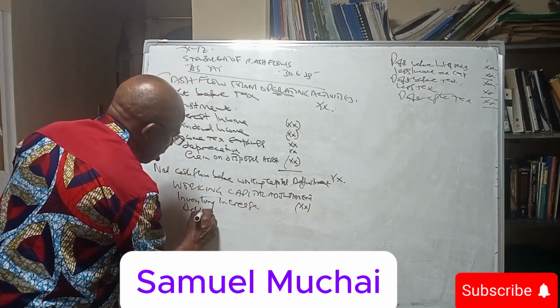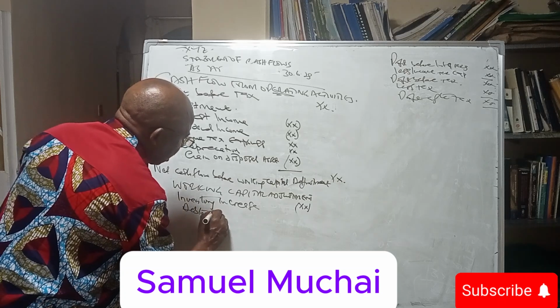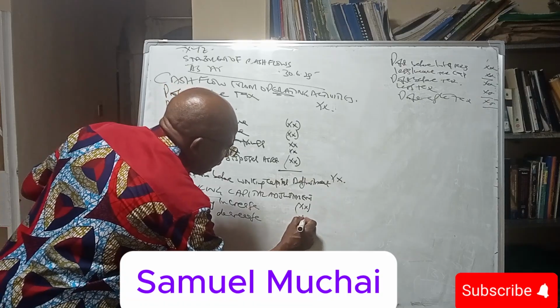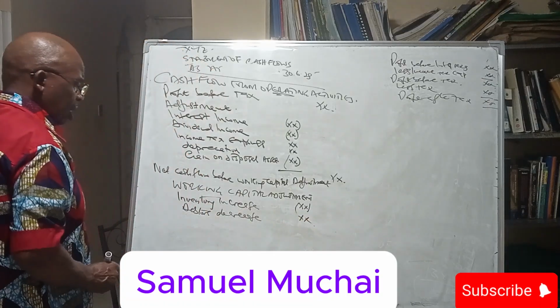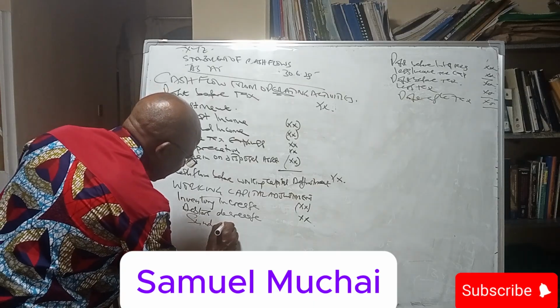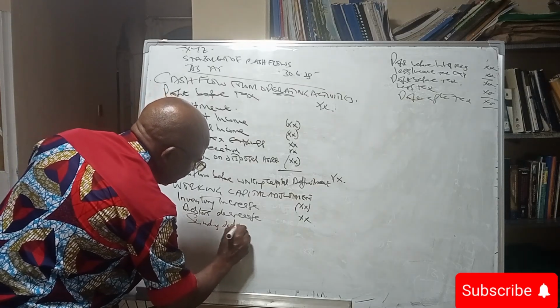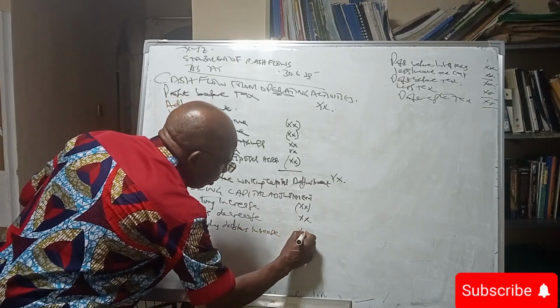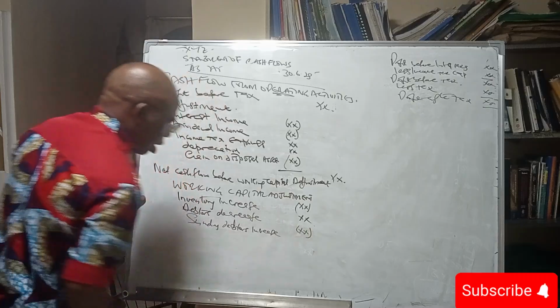Debtors decrease is like we are collecting debtors, money is joining us. Sundry debtors increase, it is like we are giving people our money. So it's a cash outflow.